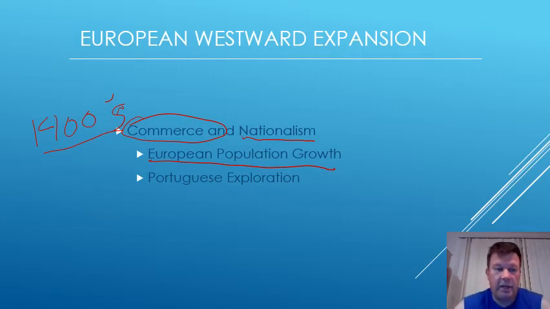And with this population growth, what that means is that you need resources, you need crops, you need land to build onto. You need lumber and timber to build these houses and build these structures for your population. Well, in Europe, there's not a whole lot of that. Much of Europe is not really great fertile ground for crops because the weather conditions there are often cold in certain places.